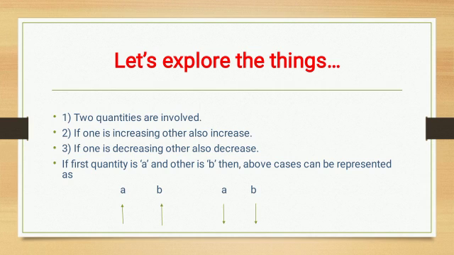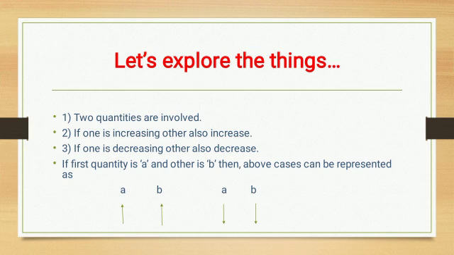Suppose there are 2 quantities. We give the name A to the first quantity, and to the second quantity we give the name B, right? Then the above cases can be represented by an arrow diagram. For the left hand side problems, the 2 arrows are shown upward.